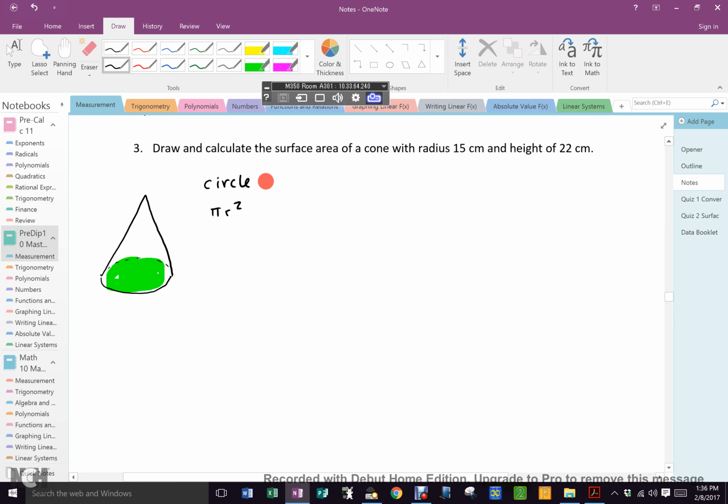So I also have to add pi r, but it's not r anymore. It's pi r s. Okay? And that s is the slant height.